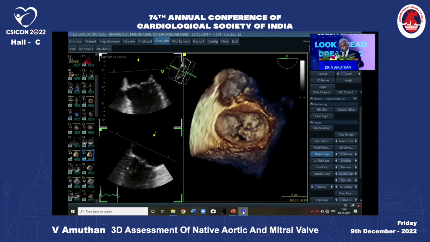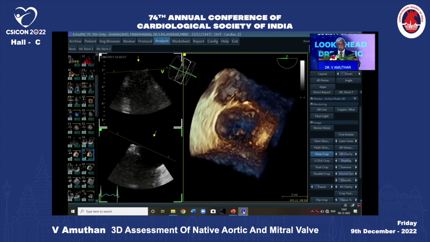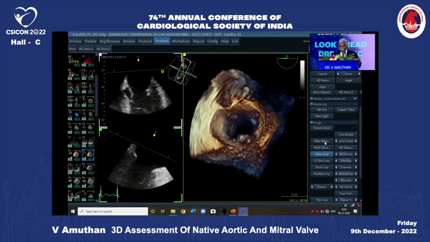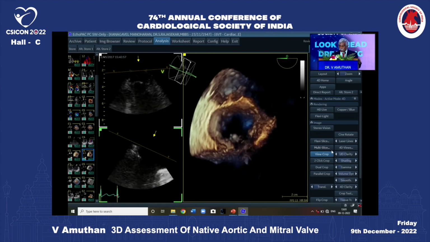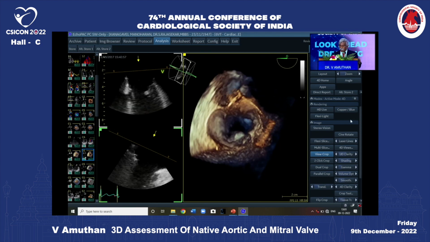First of all, I will show you this. This is a case which I have shown you already, where I will demonstrate how to use some of the latest techniques for the identification.